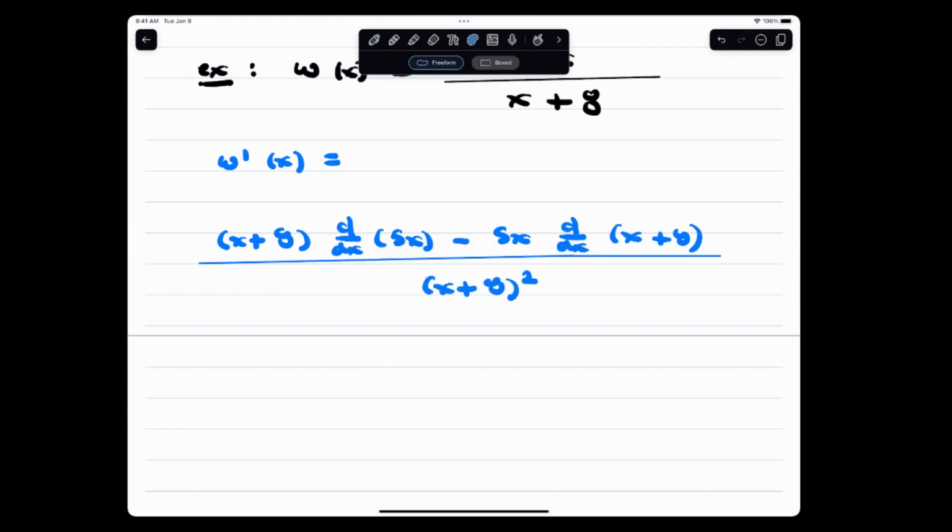Okay? You guys okay with this? So far, so good? So what do you guys do with this now? What's the derivative of 5x? And the derivative of x plus 8? Is that 1? Okay.